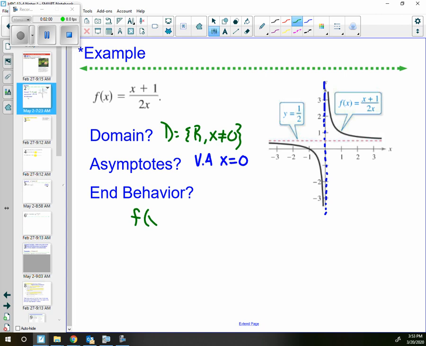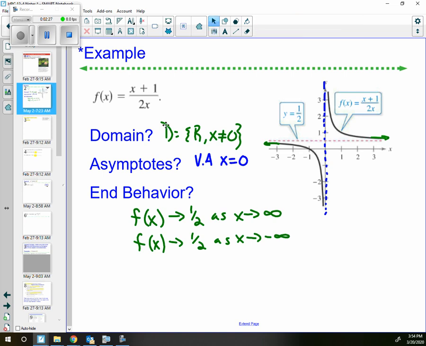The value of the function f of x approaches, or y approaches, you can say either one, looks like it's approaching a half as x approaches positive infinity. Remember our end behavior sentences here? And f of x also approaches a half as x approaches negative infinity. So both ends of the graph look like they're leveling out at a half. If you look into your graphing calculator, look in your table, pick really big values, we can see that's what's happening.